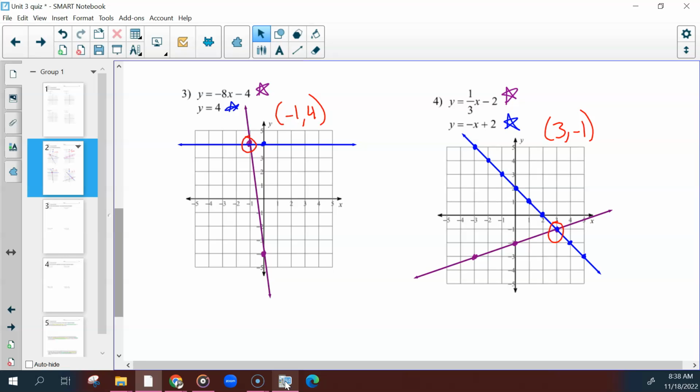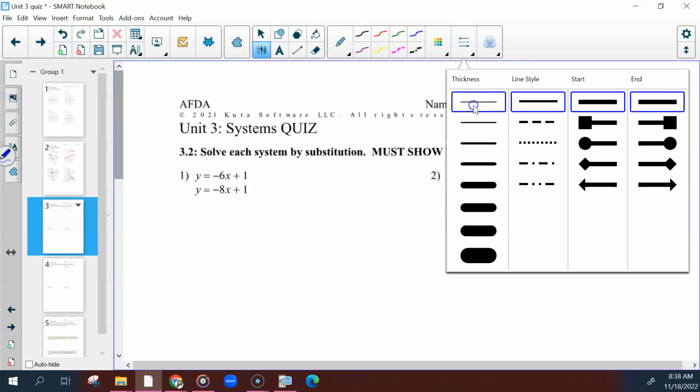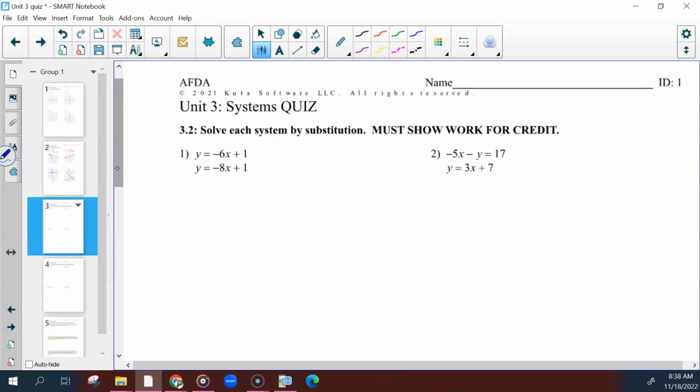Right. So on to the next. For the most part, some of us did this fine, some of us did not. For number 1 on 3.2, you had to set these equations equal to each other. Then you had to move the variables to one side, everything else to the other. Some of you added 8, some of you added 6. That order did not matter.